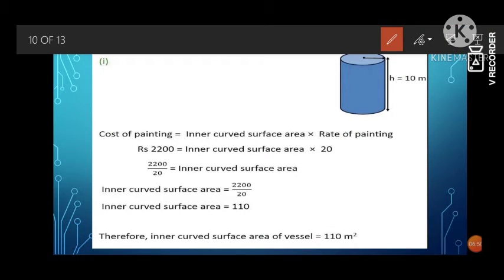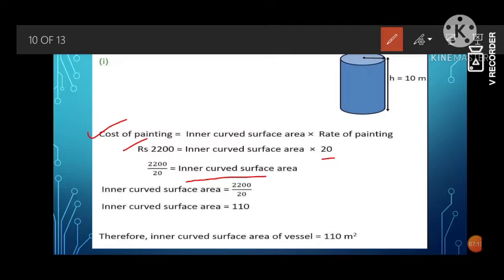Subpart 1, we have to find the inner curved surface area. Now cost of painting is equal to inner curved surface area into the rate of painting. Cost of painting is rupees 2200. Inner curved surface area, and the rate of painting for 1 meter square is rupees 20.